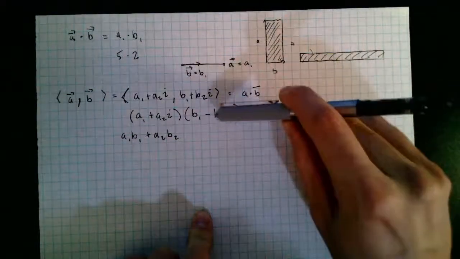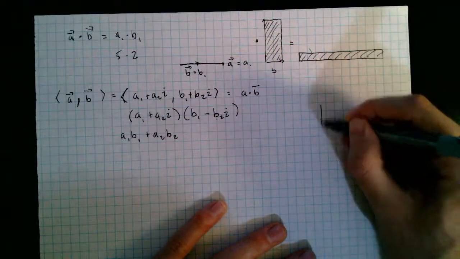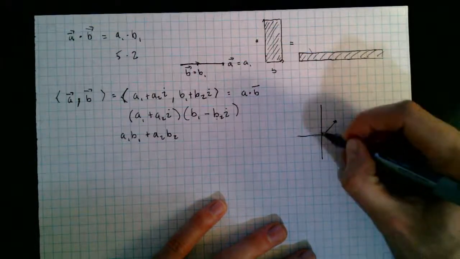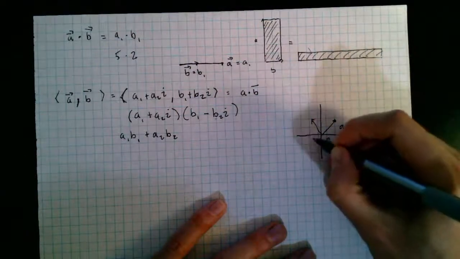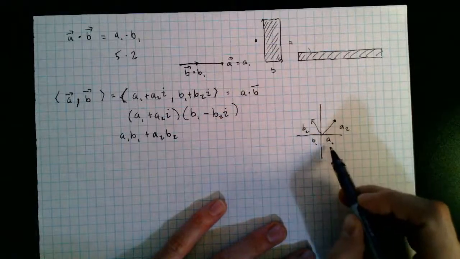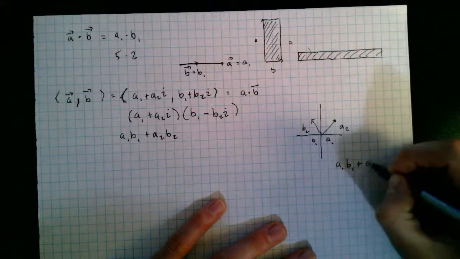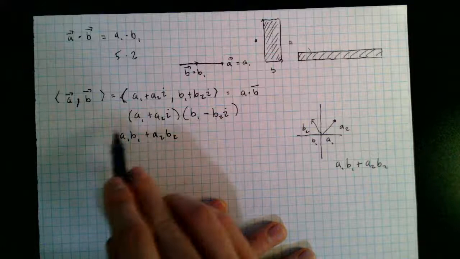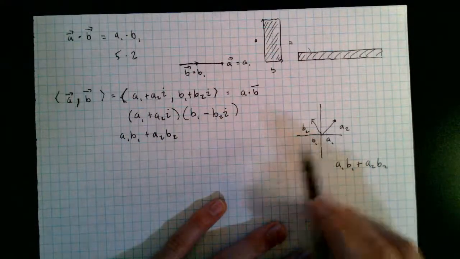You can draw the complex scalars: one here and another one here. If this is A1, this is A2, this is B1, this is B2, and you took the dot product of those two, it would be A1 times B1 plus A2 B2, and that's exactly what this is here. So the real component is just as if you pretended they were normal two-dimensional vectors.